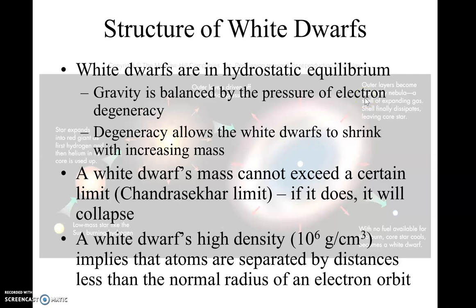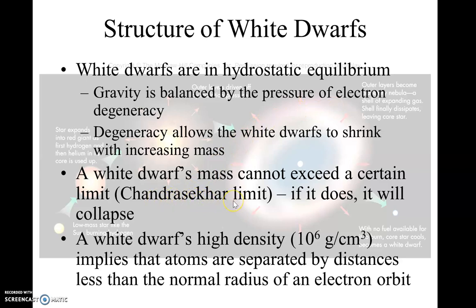It basically says that two electrons can't occupy the same quantum state at the same time, and so the electrons resist being squeezed to a certain extent. The amount that they can resist is called the Chandrasekhar limit.